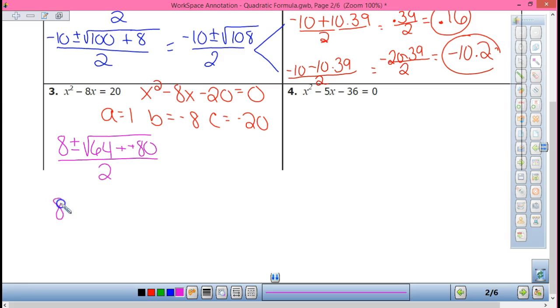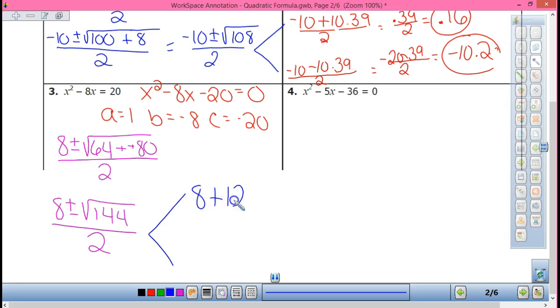So we've got 8 plus or minus the square root of who? 144 even? Sweet. All divided by 2. And you know why I said sweet for 144? That's because a perfect square is way easier to work with than decimals, isn't it? Okay, so 8 plus 12 divided by 2 and 8 minus 12 divided by 2.